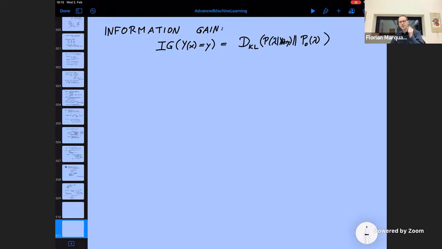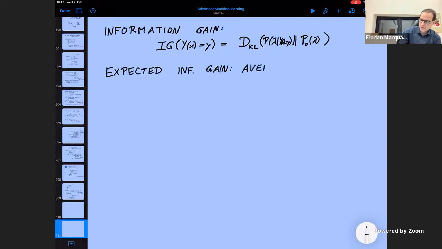Expected here means to average over all possible outcomes y. And of course, we have to average over y according to the distribution that we expect from our current lambda distribution and from our model.